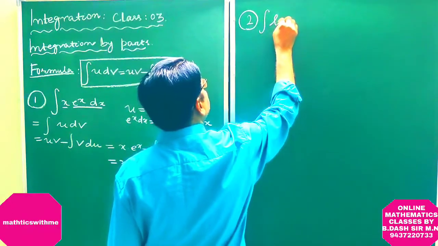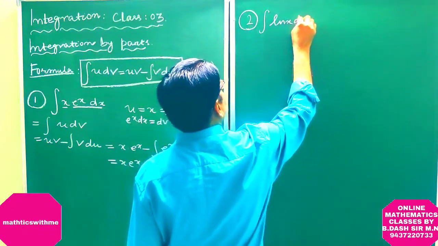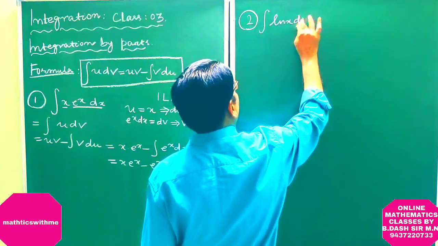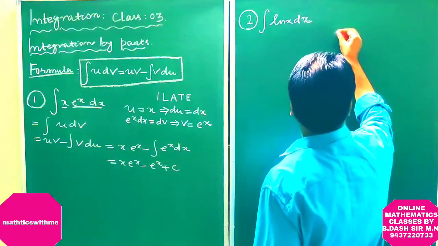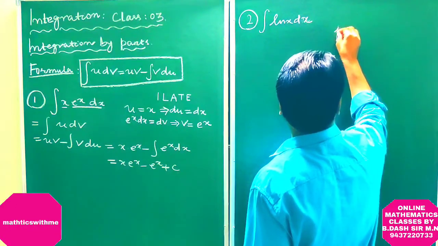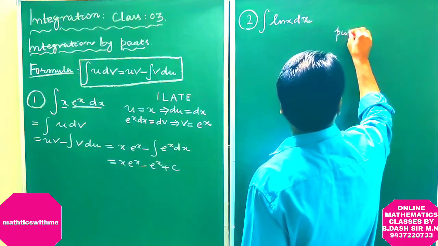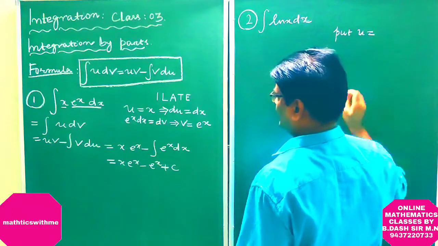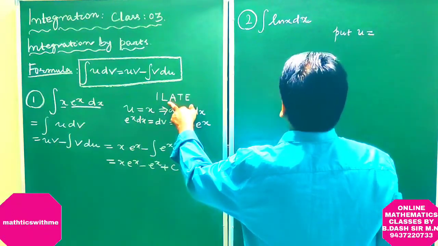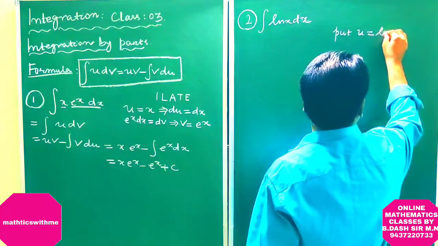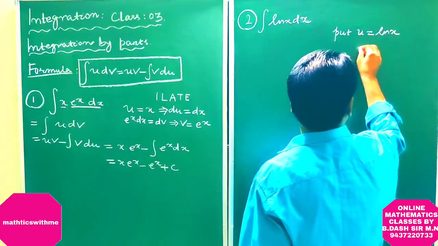Evaluate integration ln x dx. For this integration, put u is equal to ln x. So now let us apply this formula. No inverse function. Logarithm function is here. So we take ln x.